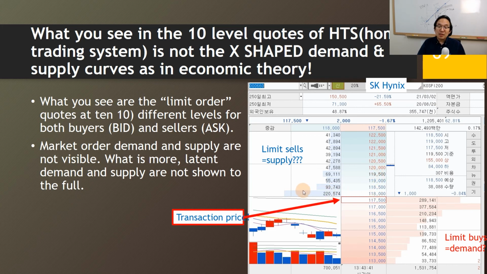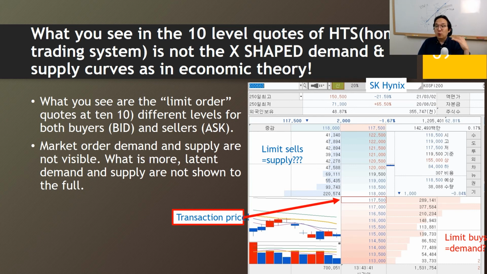At each price level, you see the limit sell order amount. So for 118,000 Korean won, you see 220,574 shares. Those are put as limit sell orders. These don't include market orders, 시장가 주문, no way.